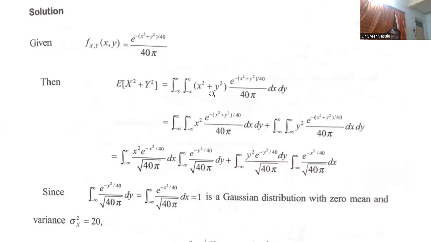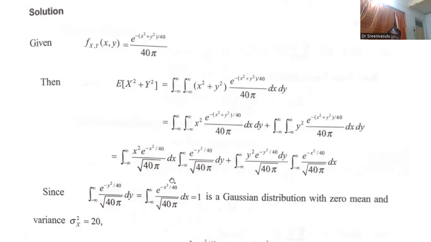You multiply this joint density function with this x square plus y square. After multiplication, you will get the formula like this. Now you can arrange these terms like your standard density function, that is a Gaussian density function.